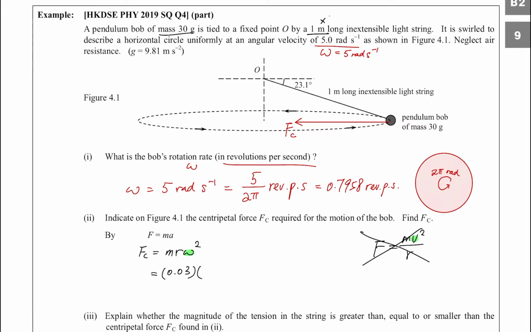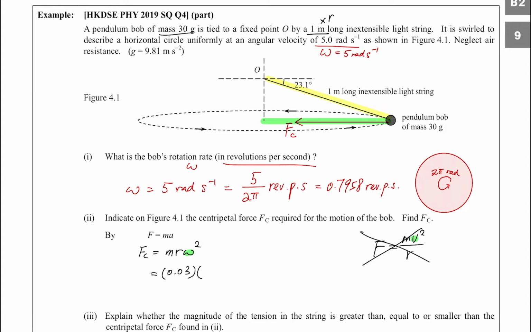For radius of the circle, be careful. It is not 1 meter. This is not r. Why? Because 1 meter is talking about this length. However, when we talk about the radius, we are talking about the radius of the circular path. That is the length highlighted in green.